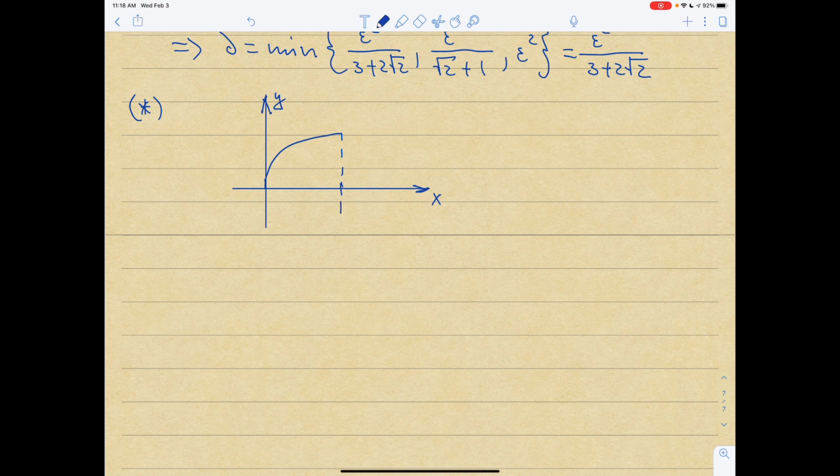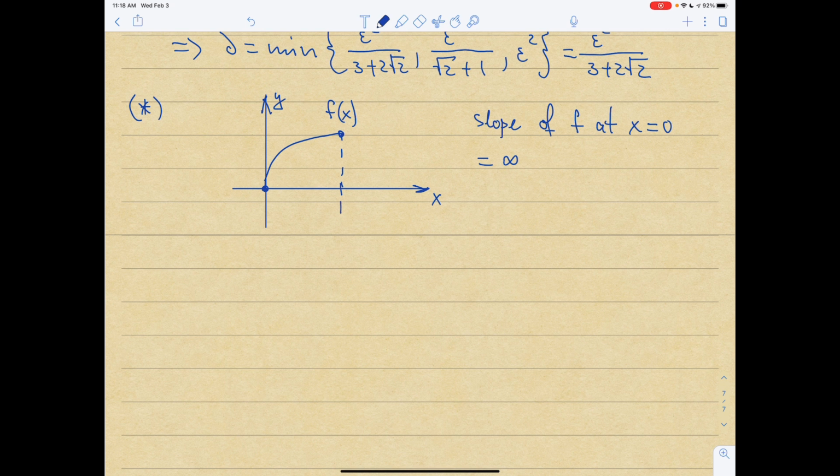And one thing that makes this different, for example, from the graph of x squared on the interval from 0 to 1, is that the graph of x squared had finite bounded slope everywhere. Graph of square root of x has a slope equal to infinity at x equal to 0, right? So slope of f at x equal to 0 is equal to infinity, right?